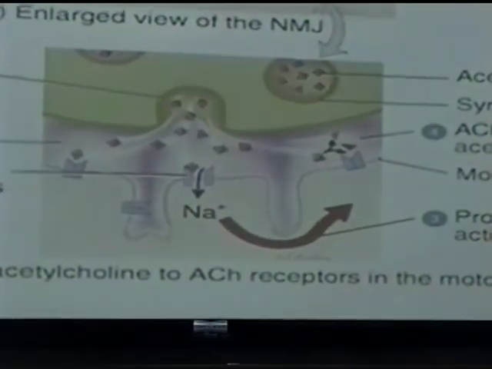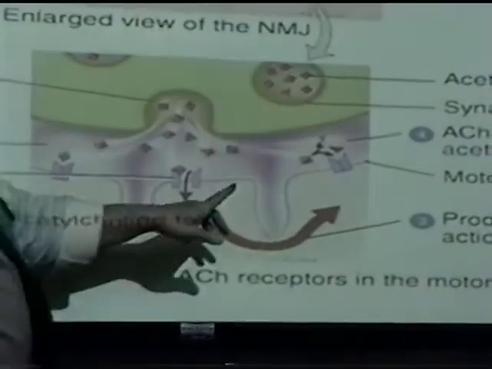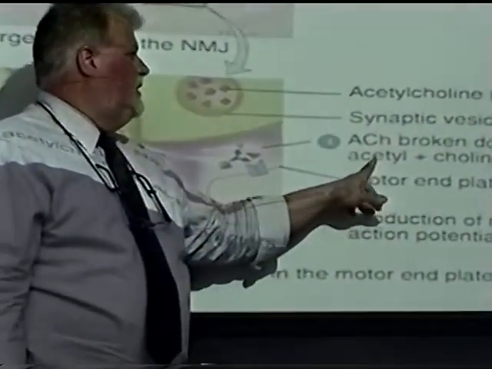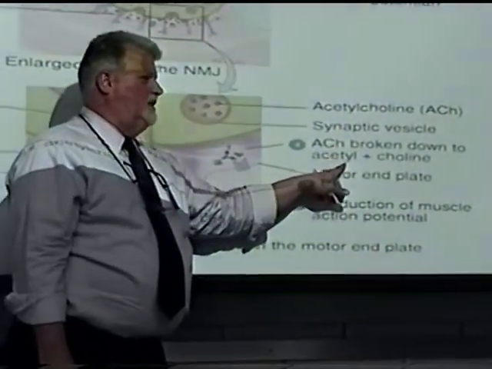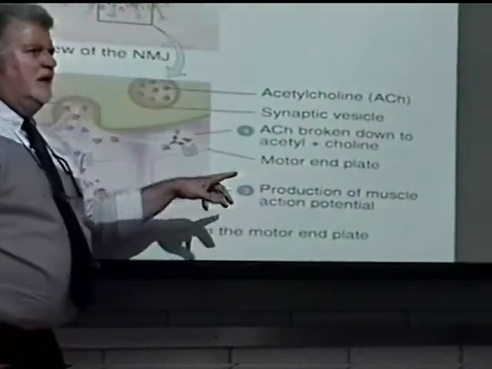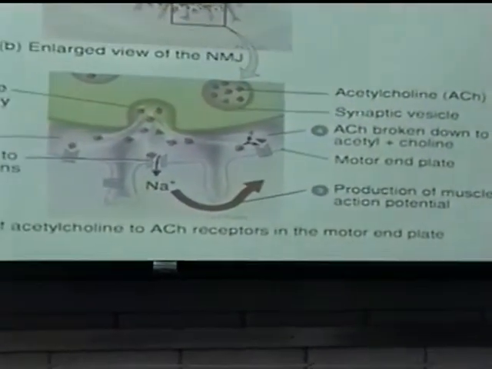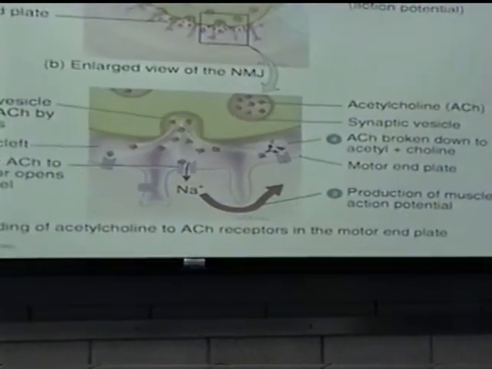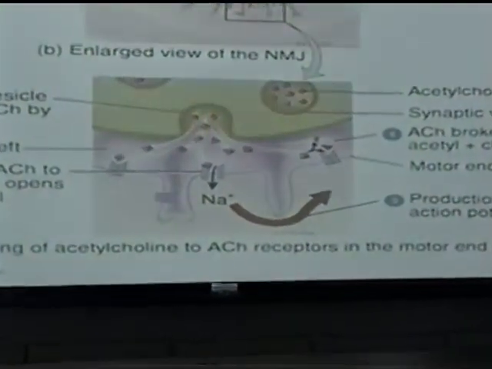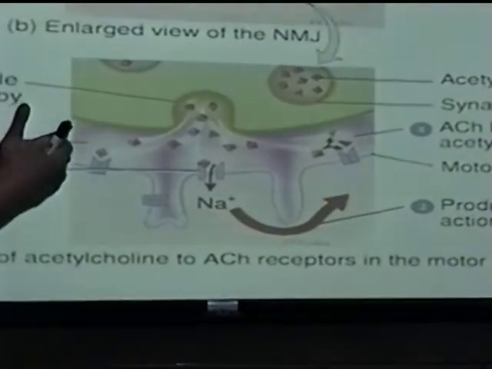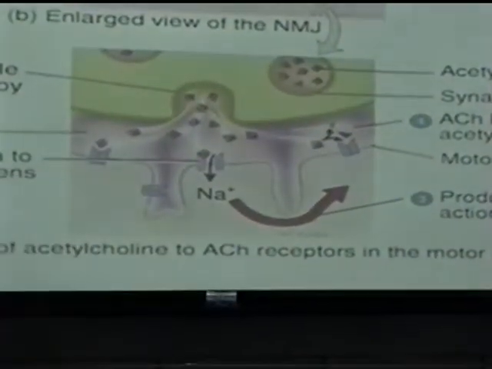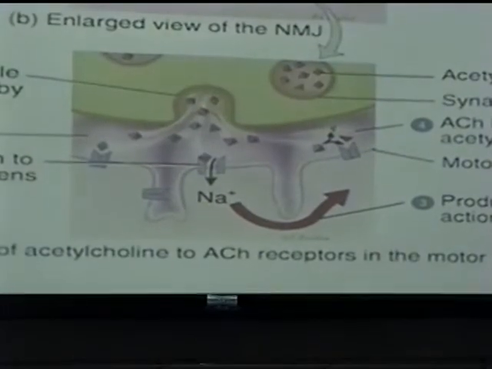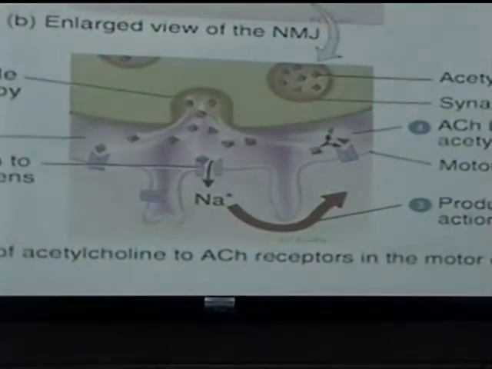When acetylcholine is released, it is quickly broken down by an enzyme into the acetyl group and the choline group. That way you don't release acetylcholine and have it last for hours, because then you wouldn't be able to control what's going on in your body. So you need acetylcholine to be released and broken down quickly, so that if you need to have it released again, you have to stimulate the release again. Okay?